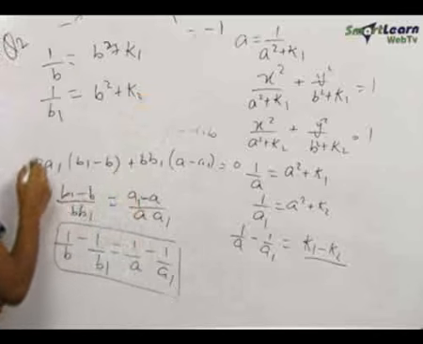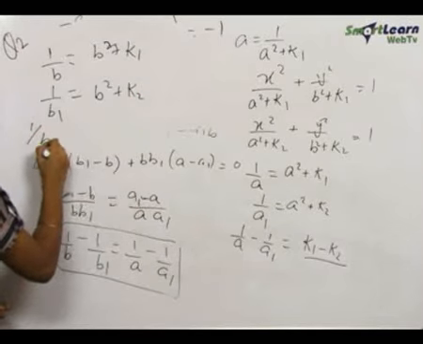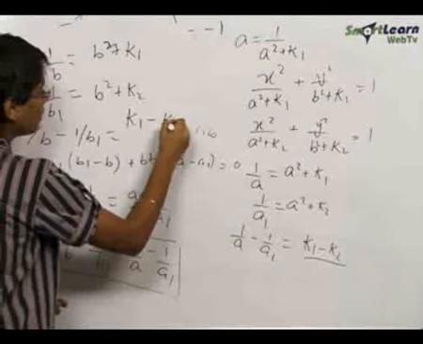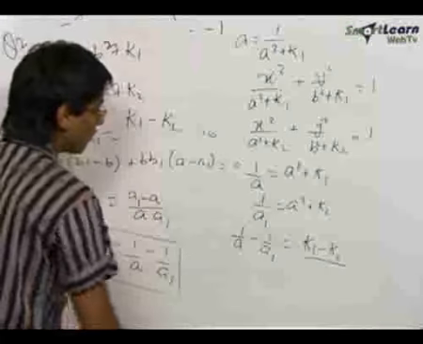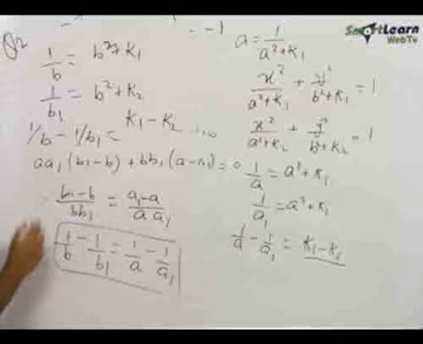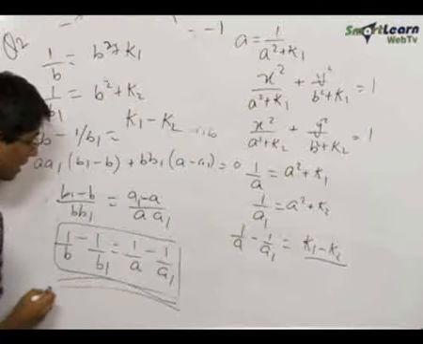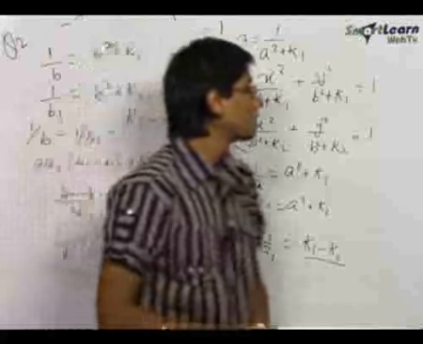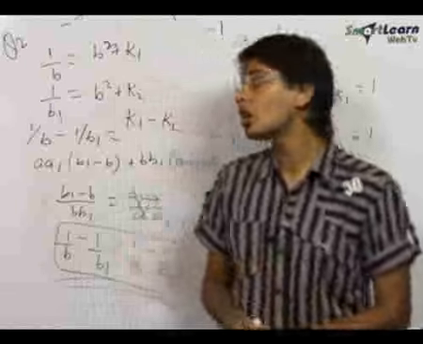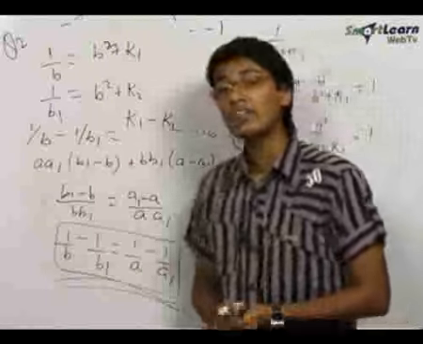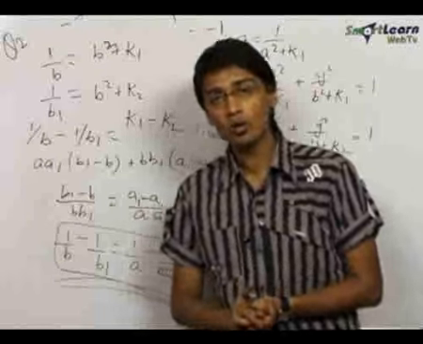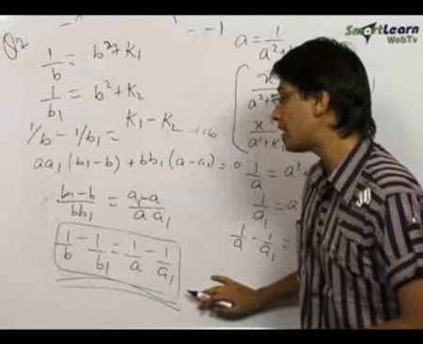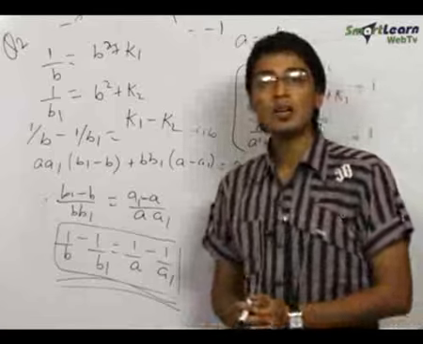Hence 1/b − 1/b1 comes out to be equal to k1 − k2 again. Hence 1/a − 1/a1 is k1 − k2, which is equal to 1/b − 1/b1. So from our condition which we proved in the first part, the two curves are cutting orthogonally, and hence our final answer is that for two curves ax² + by² = 1 and a1x² + b1y² = 1 to cut orthogonally, the condition is 1/a − 1/a1 = 1/b − 1/b1, and this is our final answer.